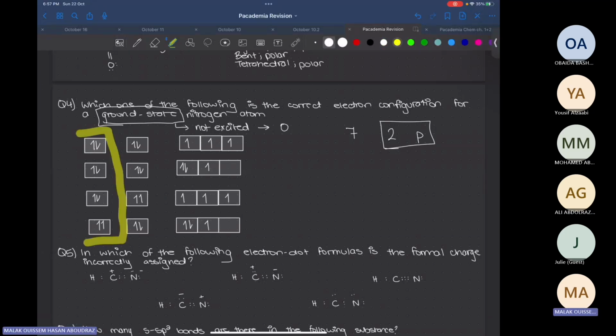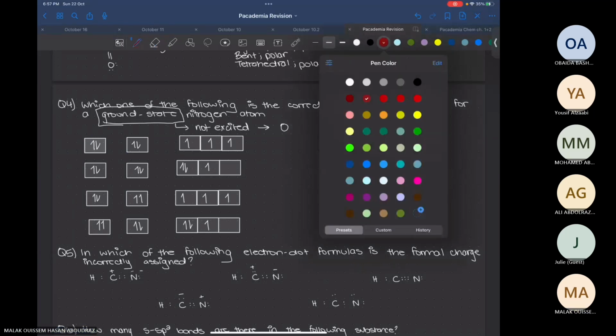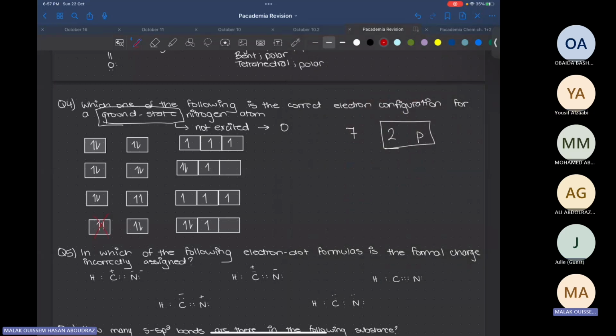Now, is there anything wrong in the first column right here? Yeah, the last one. Both of them are pointed in the same direction, right? Yes. So therefore, this is definitely wrong. So I can ignore this one, right?